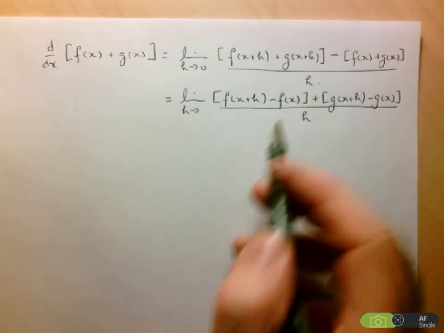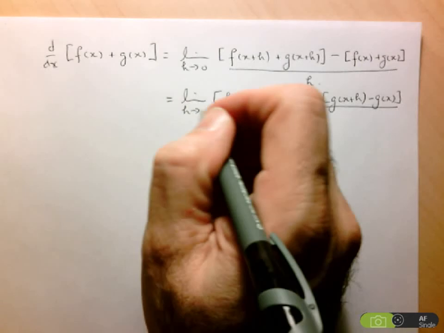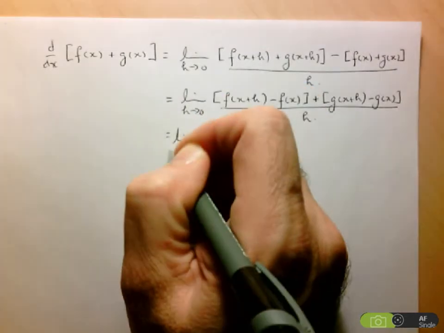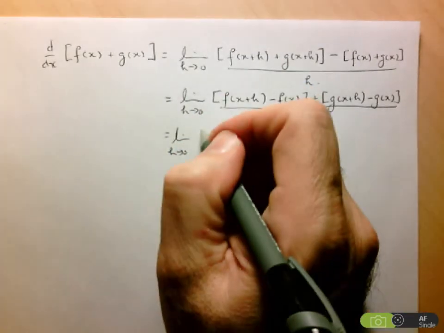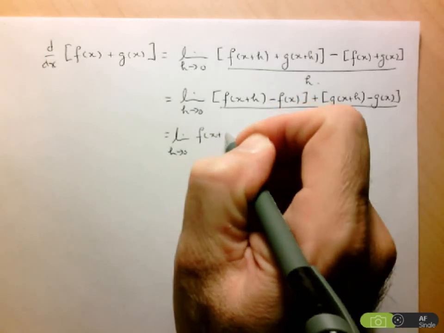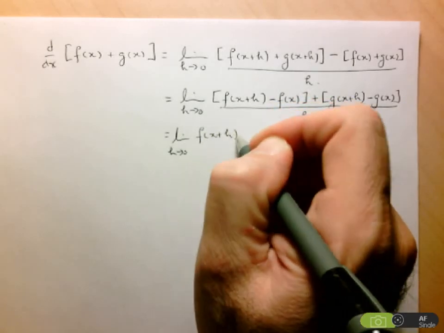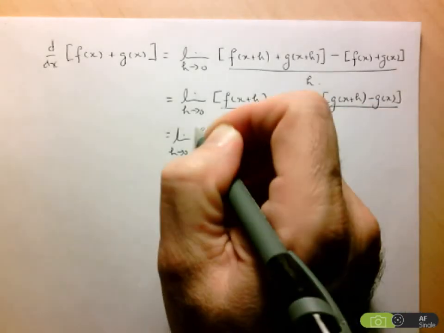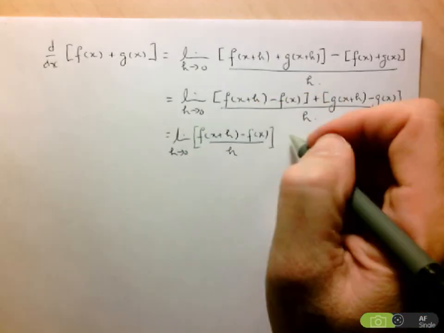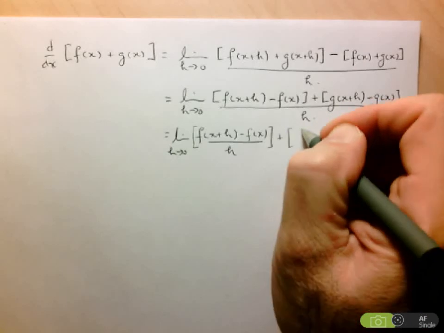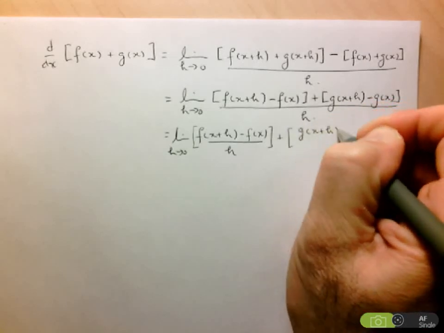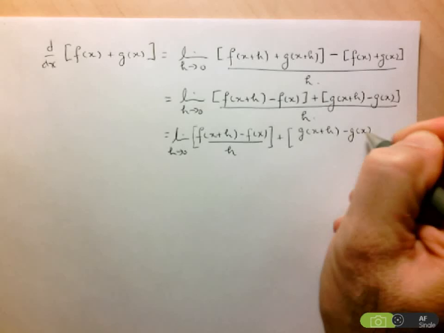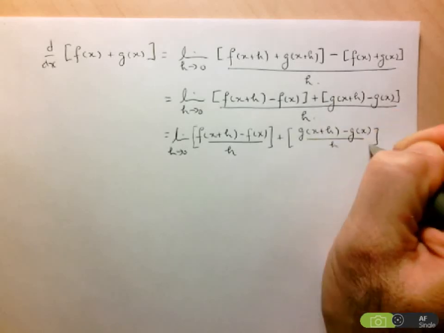So now I can go further. I can just split this up into two fractions. So here, limit as h approaches 0 of f at x plus h minus f at x all over h, plus g at x plus h minus g at x all over h.